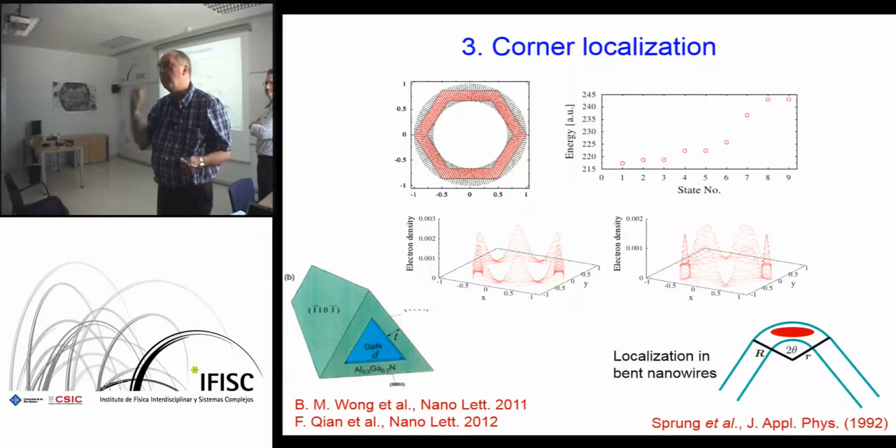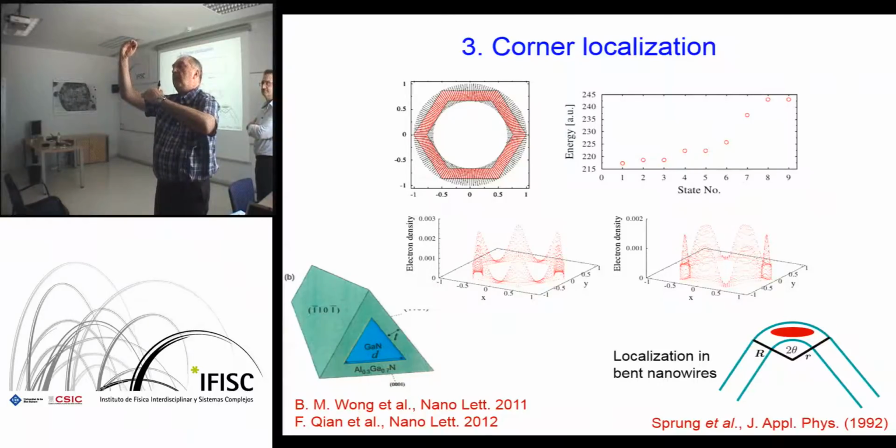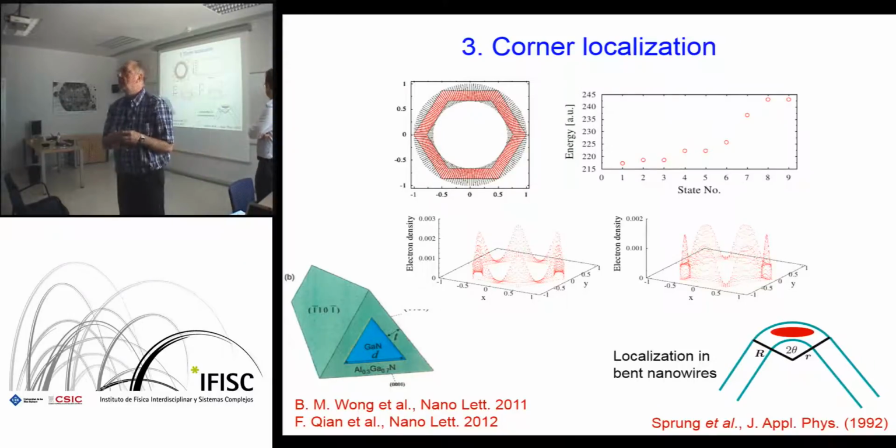So you need to fill three corners independently. In this sense, the number of corners gives you the number of low energy states. And again, what I find very interesting is that they are separated energetically quite a lot from the side states, depending on the angle.